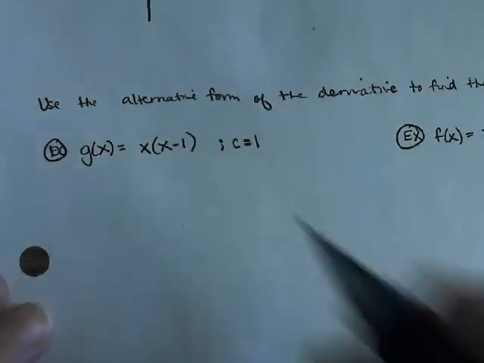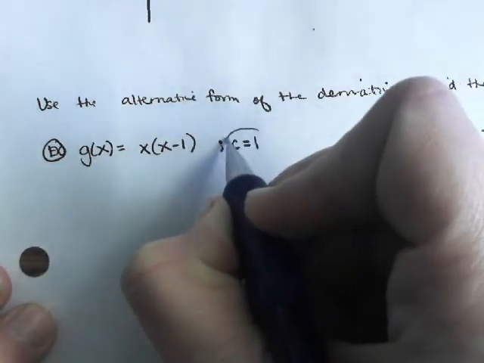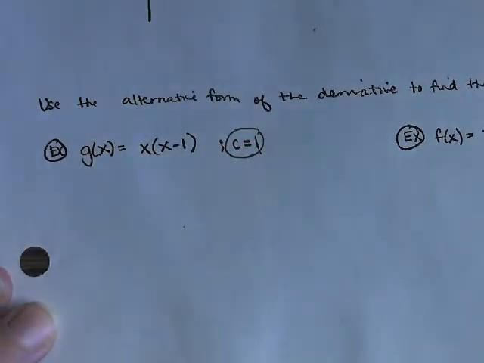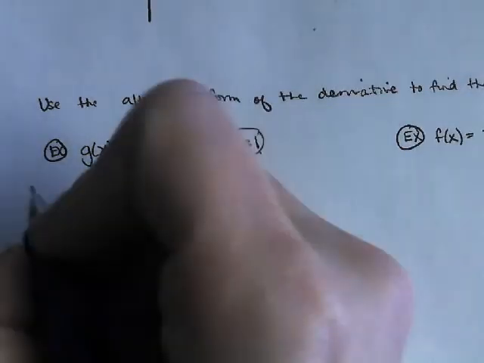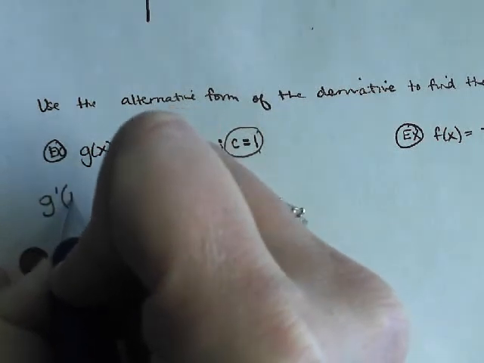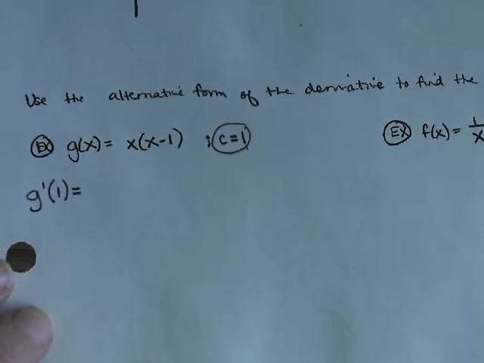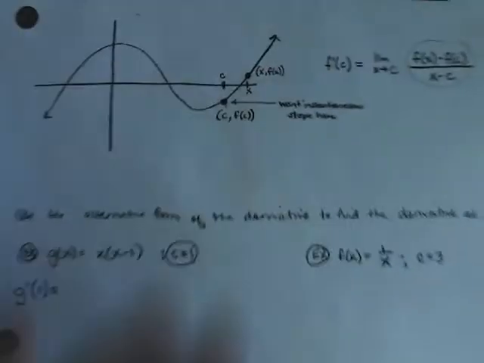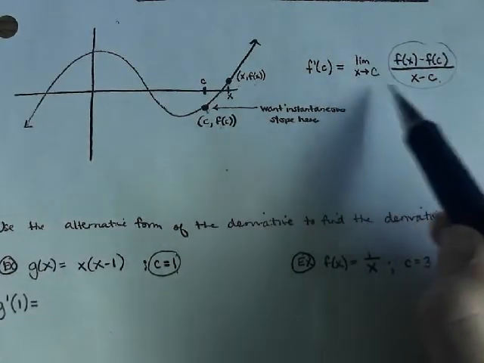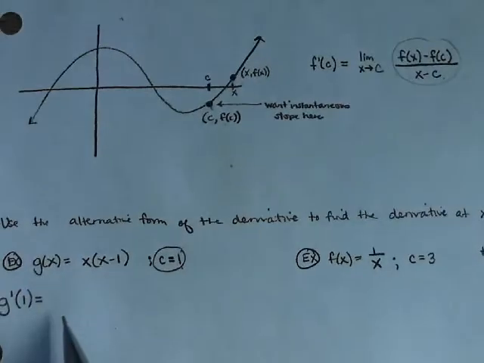Okay? So if we jump to this first one here, and we're asked to use the alternative form of the derivative to find the derivative at 1, at a c value of 1. When we use this alternative form, we're immediately finding g prime of 1. And so I'm going to copy down this formula, just changing all of those c's to 1s.